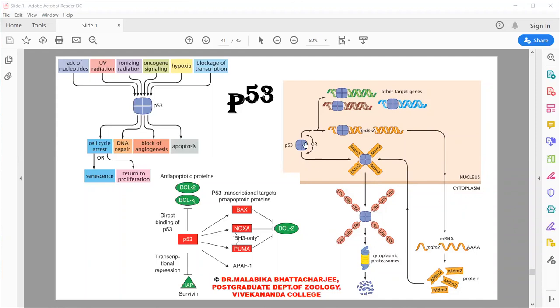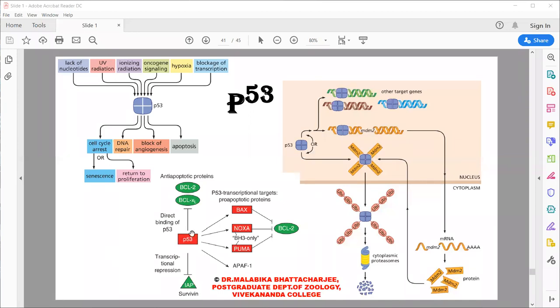So it itself creates sentinels for its own destruction if MDM2 is in shortage in the cell. However, if such signals arrive to p53, p53 is phosphorylated, and we have already read in the chapter of cell cycle that it can now target a variety of genes.